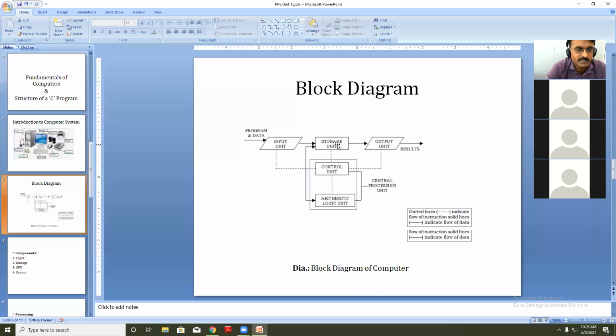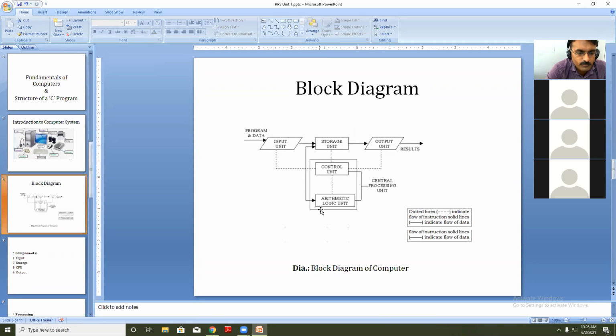Once the input is given, it goes to the storage units. What does the storage unit do? It is used for storing the data and the instructions before or after the processing. Now, who is going to process the data? If you check this, you can see the control unit plus arithmetic unit.